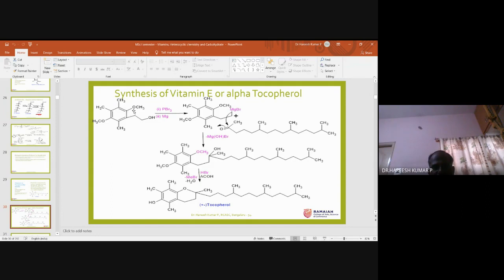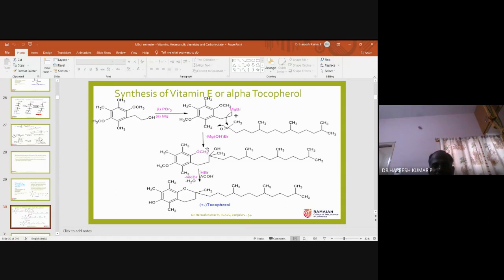An aryl alkyl alcohol is treated with a brominating agent, which converts the hydroxy group into bromide. The obtained bromide is treated with magnesium to get a magnesium organometallic compound. This organometallic compound reacts with a ketone, forming an alcohol, and the ether is cleaved into an OH by using HBr.